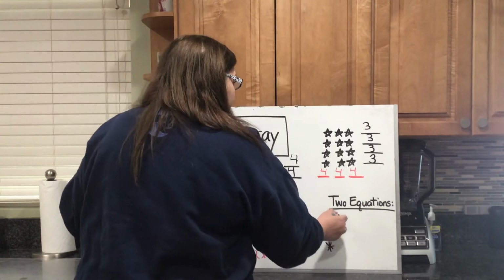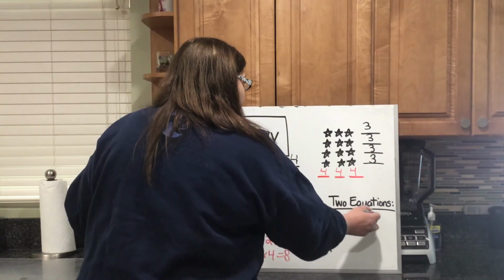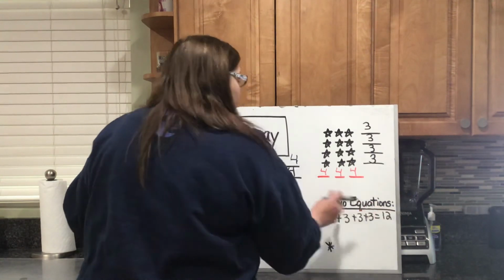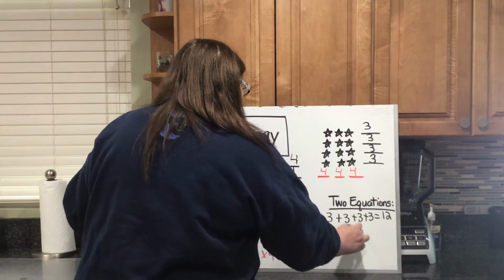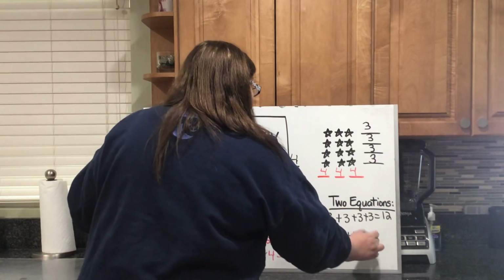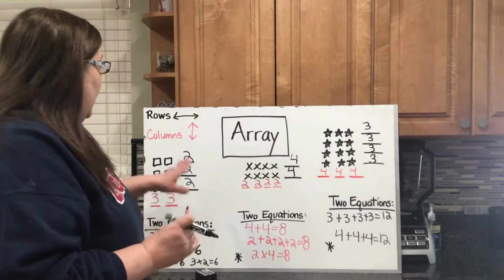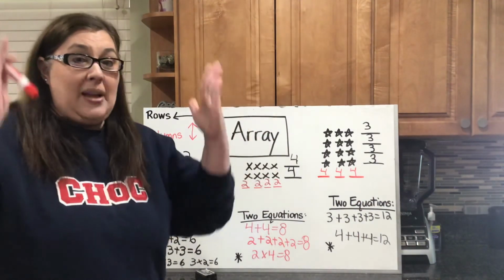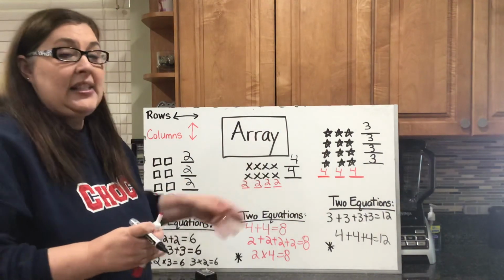So you've got 3 plus 3 plus 3 plus 3, and that's going to equal 12. Or you could use your columns. 4 plus 4 plus 4 equals 12. So those are rows across, columns up and down, and then making your equations based on your arrays. Okay.